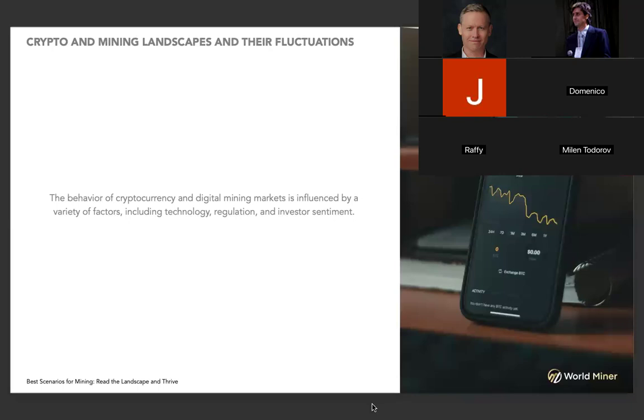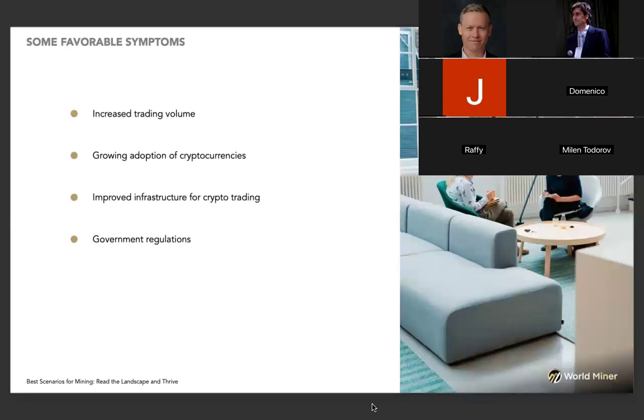So, for example, a positive market for digital mining and crypto trading is often characterized by these key indicators. Increased trading volume is a strong sign of a healthy market, as people are buying and selling cryptocurrencies. Rising prices are another indicator, since it's driven by the market, meaning that investors are willing to pay more for digital assets.